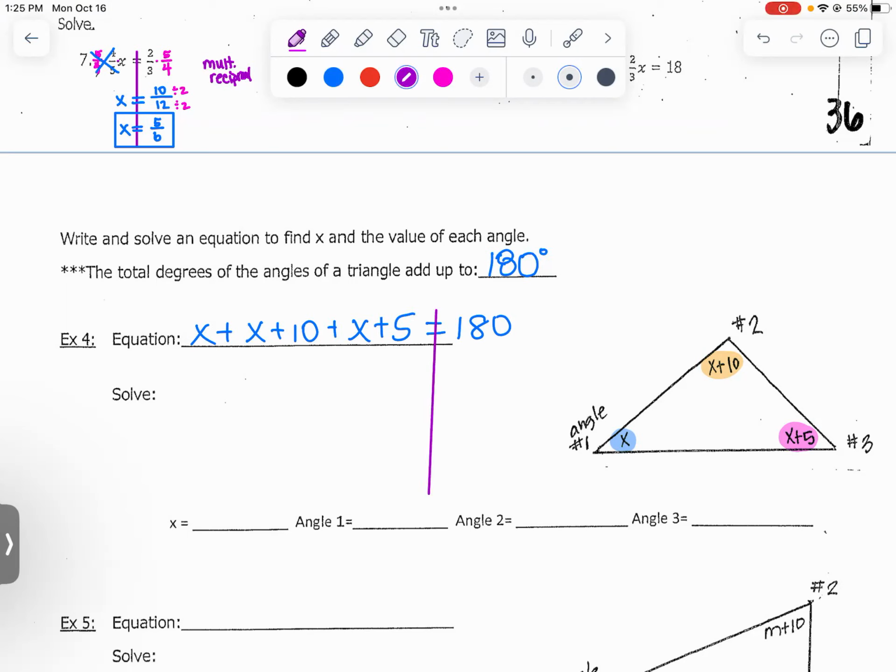Now we need to solve this equation. Do we have anything to distribute? No. But do we have like terms to combine? You betcha we do. I'm going to put squares or boxes around my x terms, and I'm going to circle my constant terms. Over here on the left side, what's x plus x plus x? What's 10 plus 5? So I have 3x plus 15 equals 180.